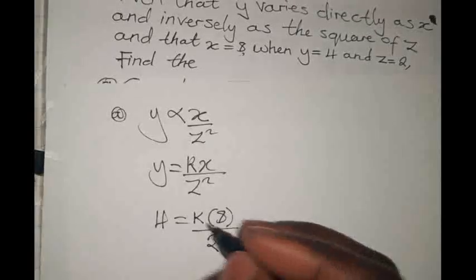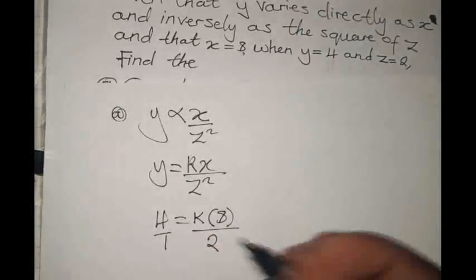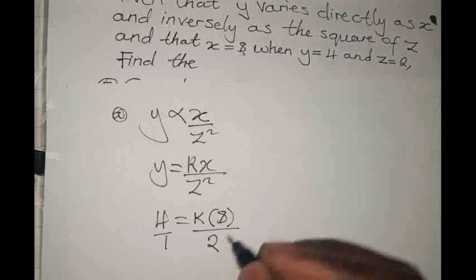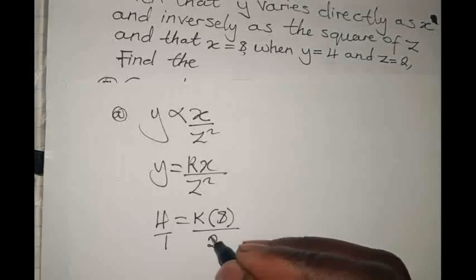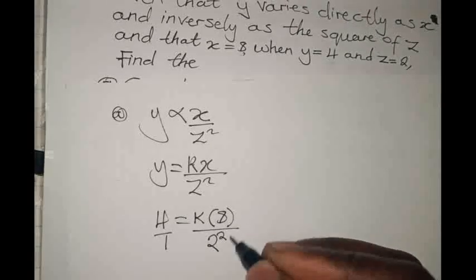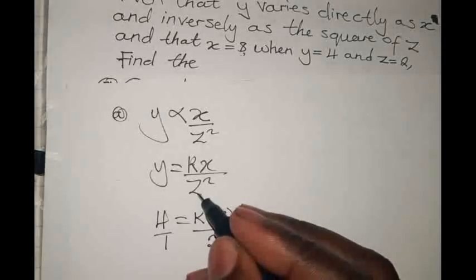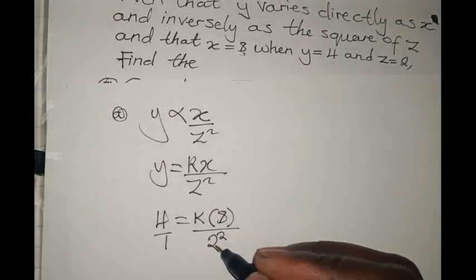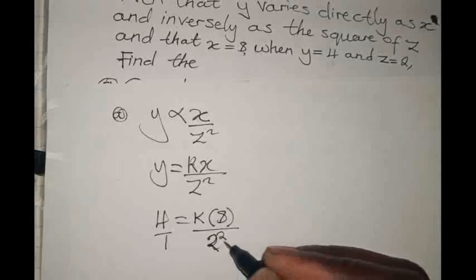Then now let's solve for k. So 4 over 1, you cross multiply, and you can see that our z is 2 squared, so we have to put 2 squared.